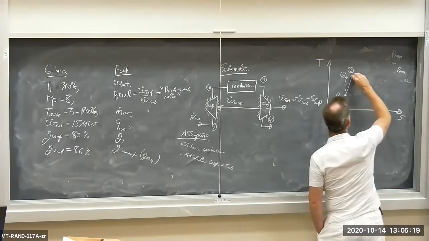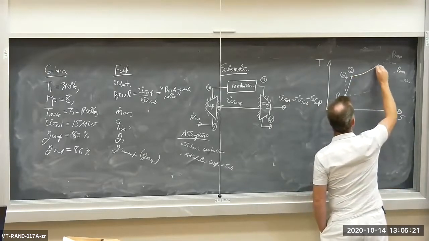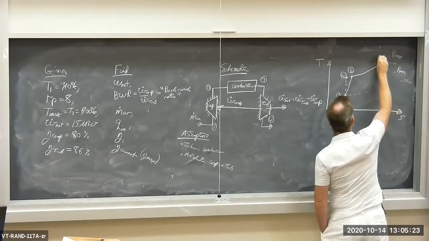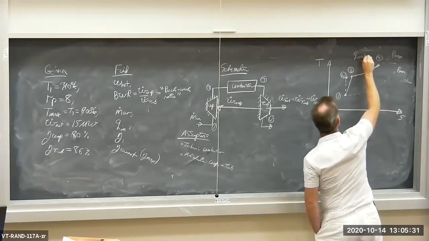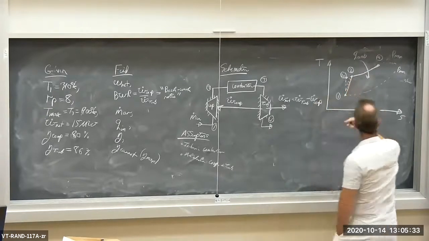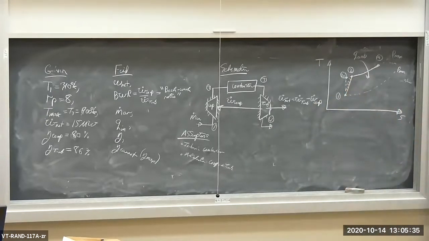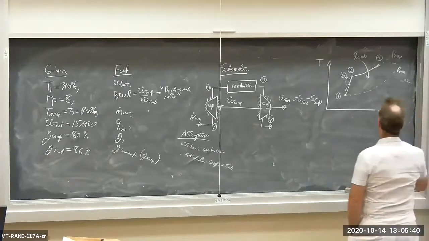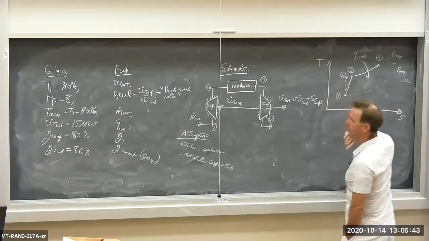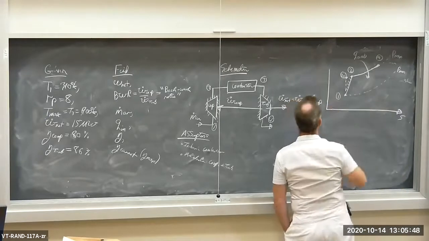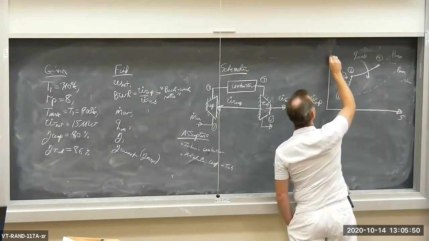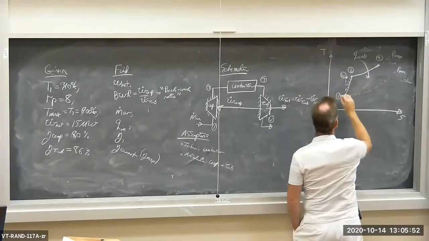Then we have apparently isobaric heat addition in the combustor. So we have Q combustor, isobaric. We don't have a delta P across the combustor. Up to state 3, and actually we have temperature T3. That's our maximum temperature. So let me put up the minimum and the maximum temperature here.